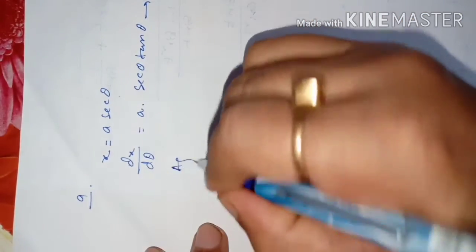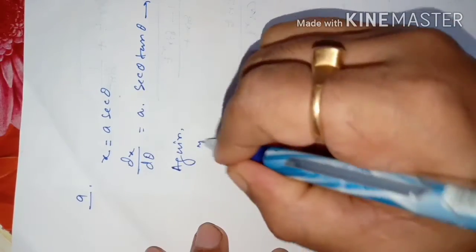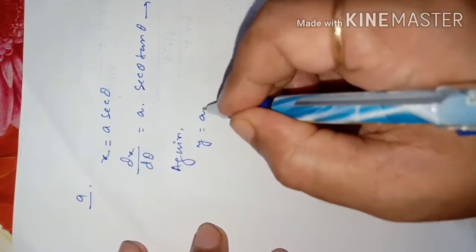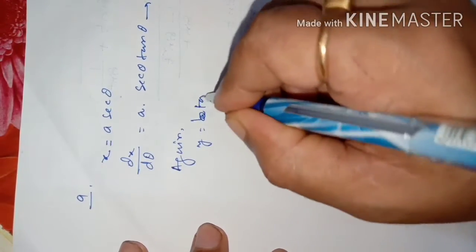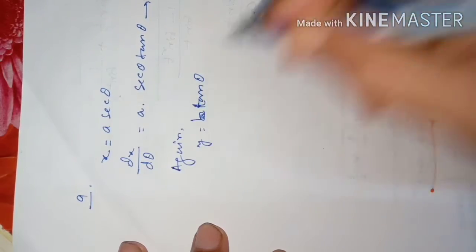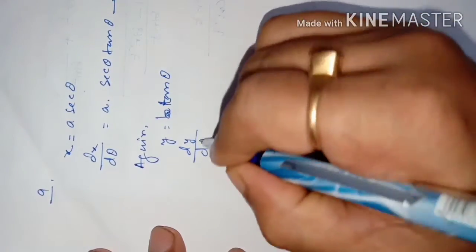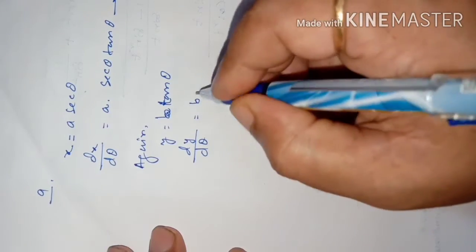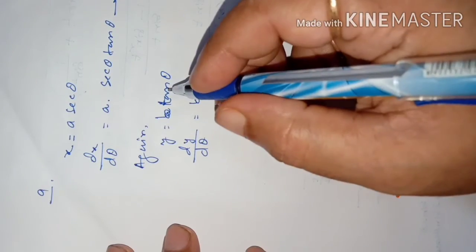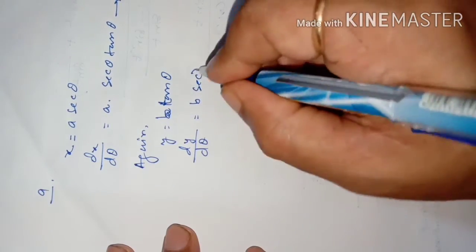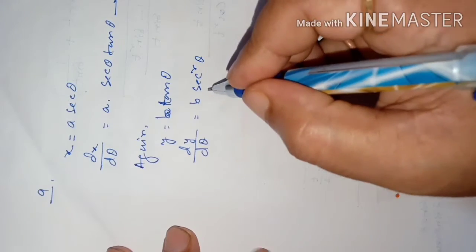Again, y is equal to b tan theta, not a tan theta, b tan theta. Then dy by d theta is equal to b tan theta's derivative, sec square theta. Okay, so b sec square theta.